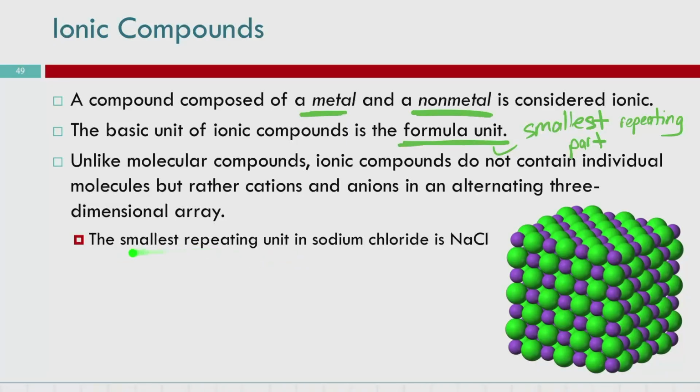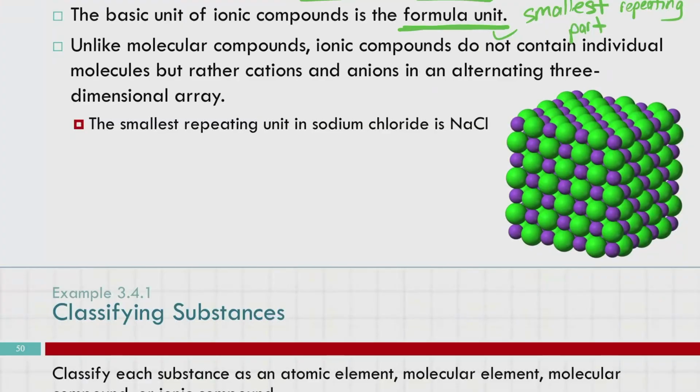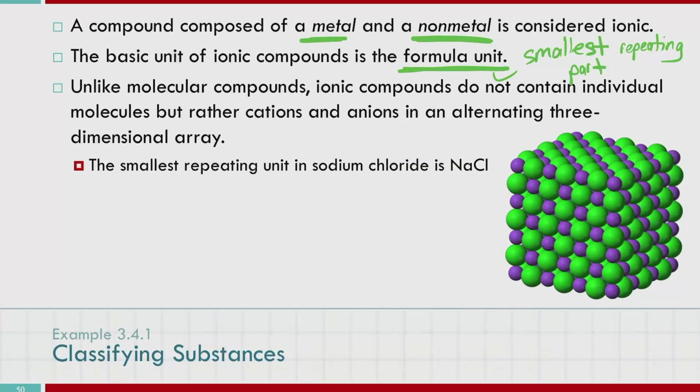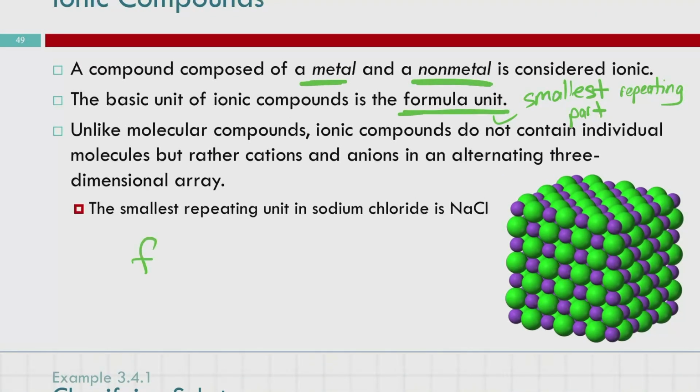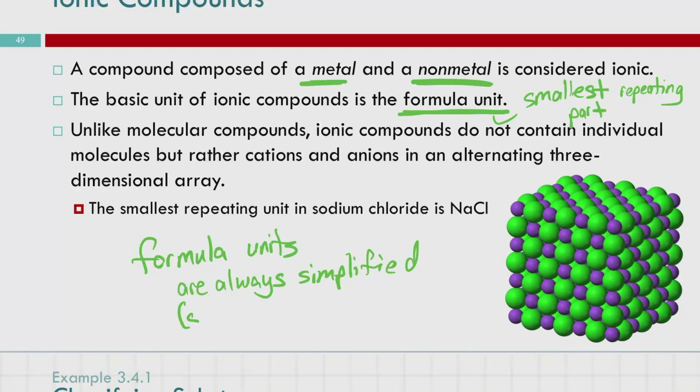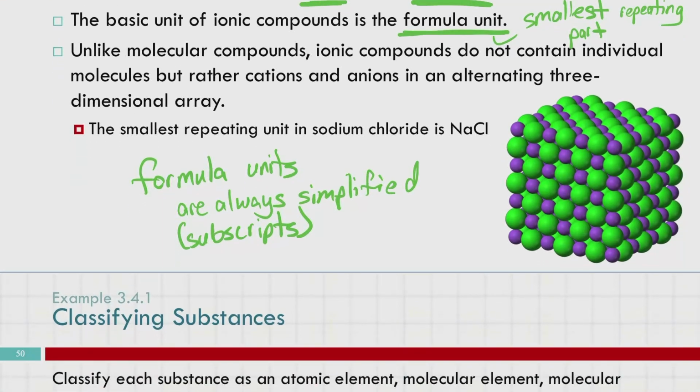And so we just use the smallest repeating unit to specify that compound instead, because it's going to be the same little chunk, just copy pasted sextillions of times, or something like that. Another way we can think of this is that formula units are always simplified. The subscripts, at least, are simplified. And we'll see examples of that.